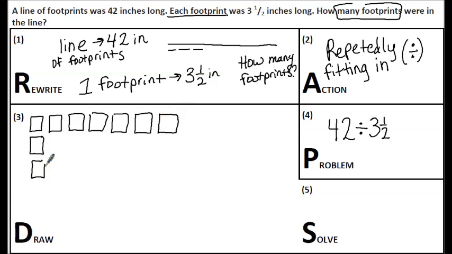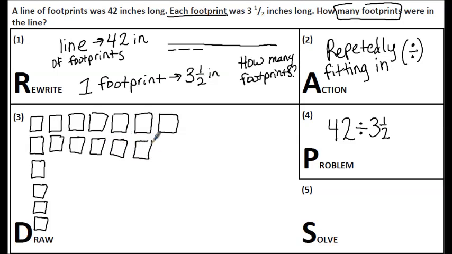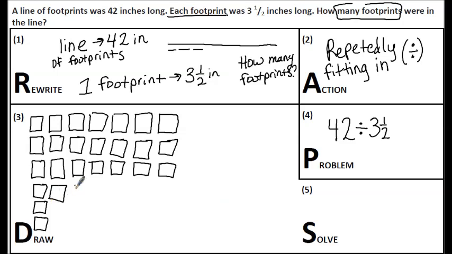So I drew 1, 2, 3, 4, 5, 6, 7 on the top, and I'm drawing 1, 2, 3, 4, 5, 6 on the side, and a 6 by 7 grid will give me 42 boxes. And those 42 boxes are going to represent the 42 inches that are on that line.